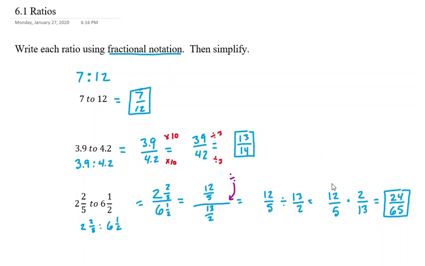I don't want to get too complicated here, but we know that we can't reduce this fraction because none of the factors of the numerator and the denominator are the same. The factors in the denominator were 5 and 13. 12 is really 2 times 2 times 3, and then of course we have a 2 here. So 5 and 13 are the prime factors in the denominator, and 2 and 3 are the prime factors in the numerator.